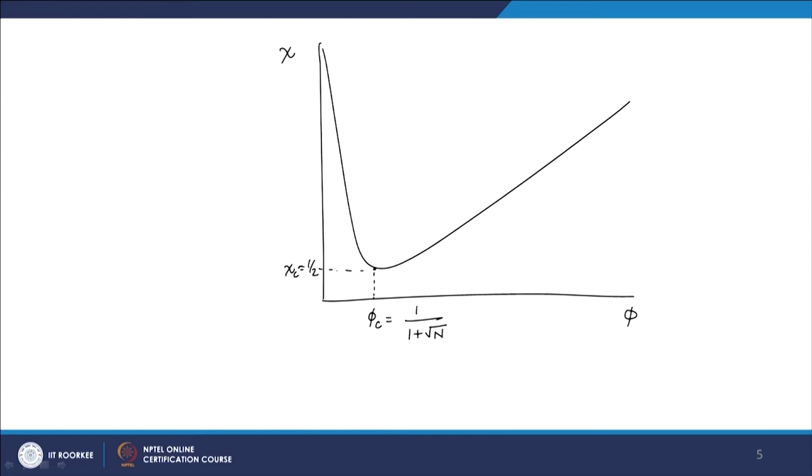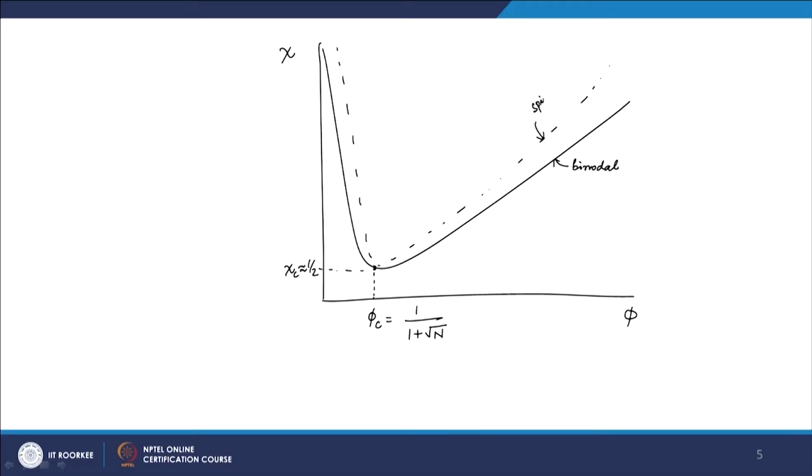Actually we can say chi c is approximately equal to 1 by 2, and again we can have a spinodal. So, here is my binodal that I have to get by solution of the coexistence curve equation, with the only detail here that the common tangent is not horizontal. Then this is my spinodal that we have derived, and this is of course my critical point.